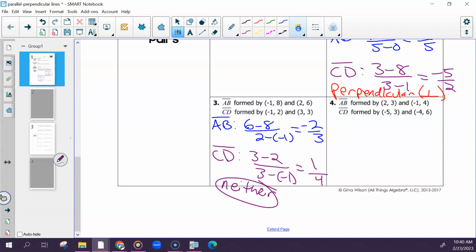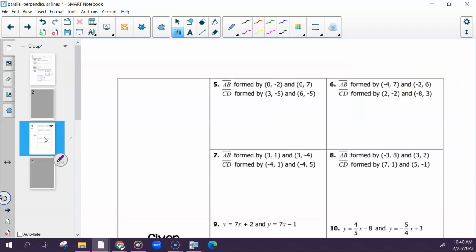Some of you may have started on 4, but we're going to skip to 5 on the back. Go ahead and find the slopes of both AB and CD. I'll give you a minute to do that.